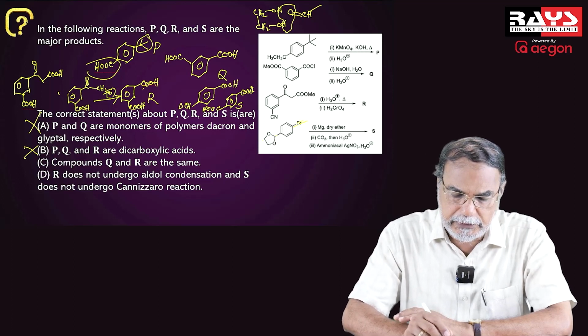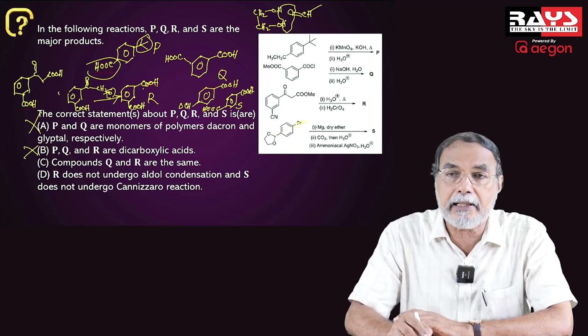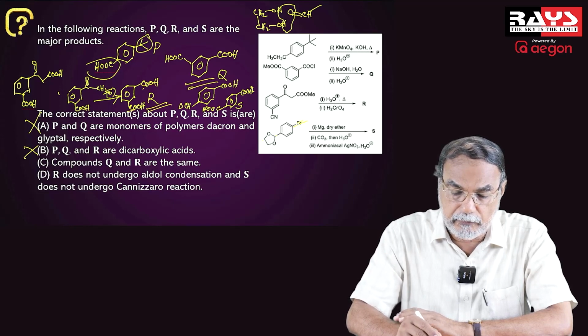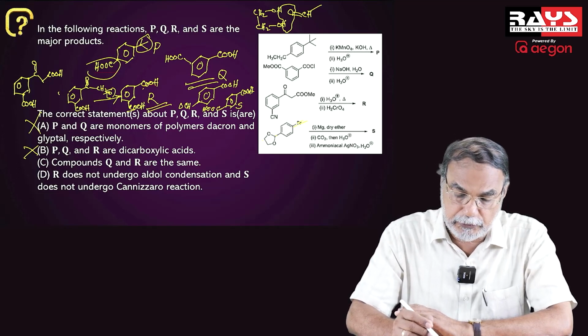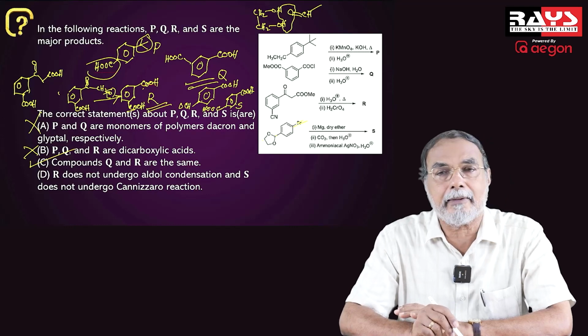And coming to the third statement, compounds Q and R are the same. I already said compound Q is benzene 1,3-dicarboxylic acid, and compound R is also benzene 1,3-dicarboxylic acid. Both are isophthalic acids, and therefore compounds Q and R are the same. So statement C is correct.